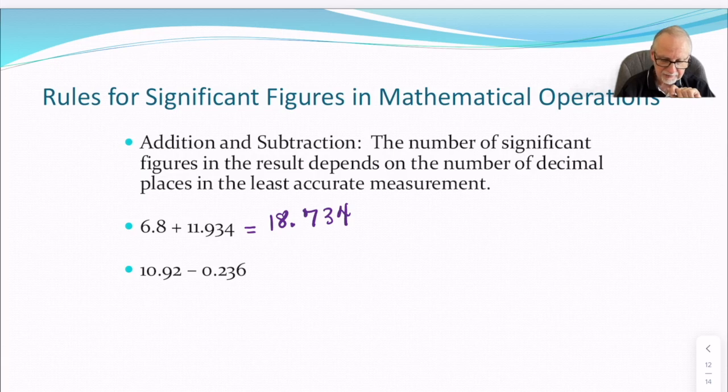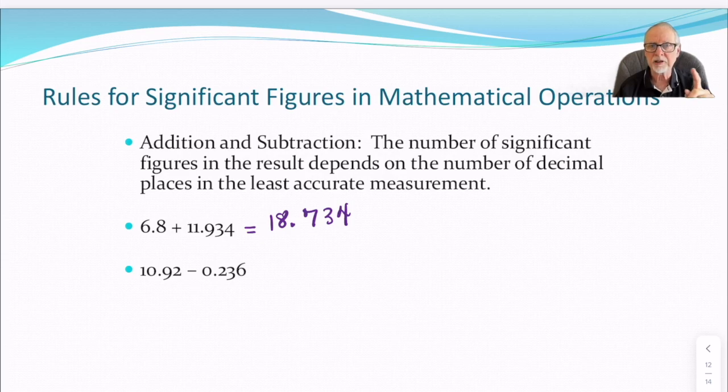So the tenths is going to win out here. Am I going to carry it out all the way to the thousandths? Am I going to report it that way? No, because one of the numbers is only precise to the tenths, and that means our final number is only going to be precise to the tenths. So I use that one.